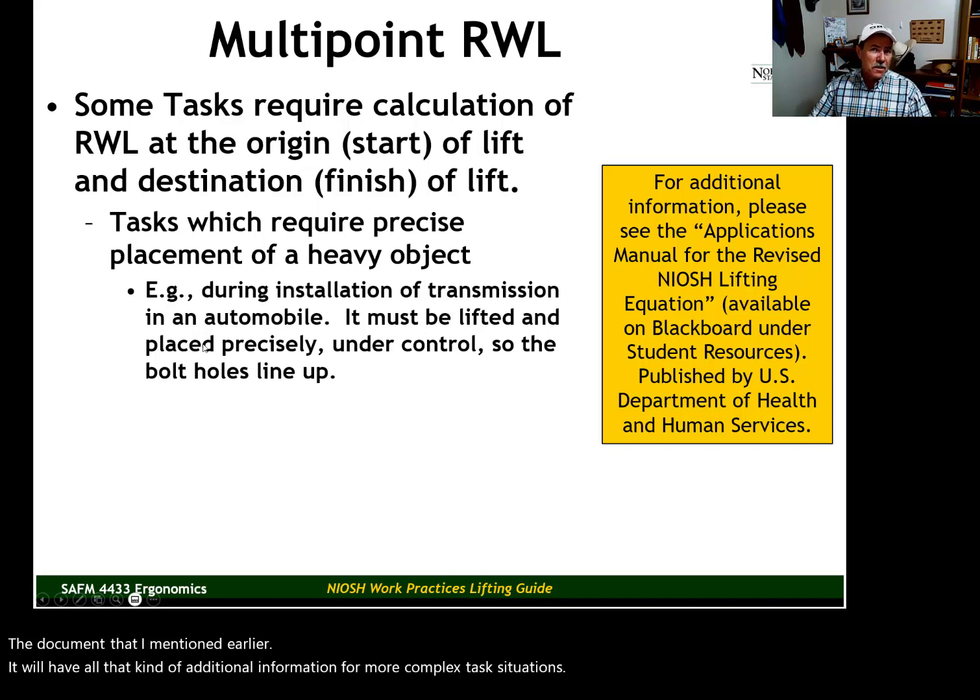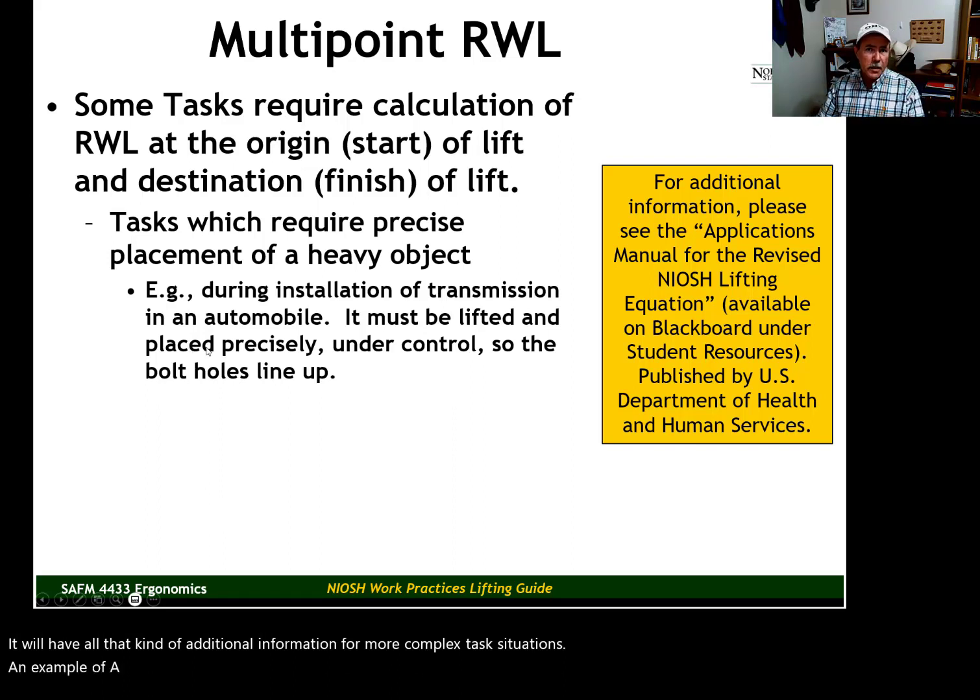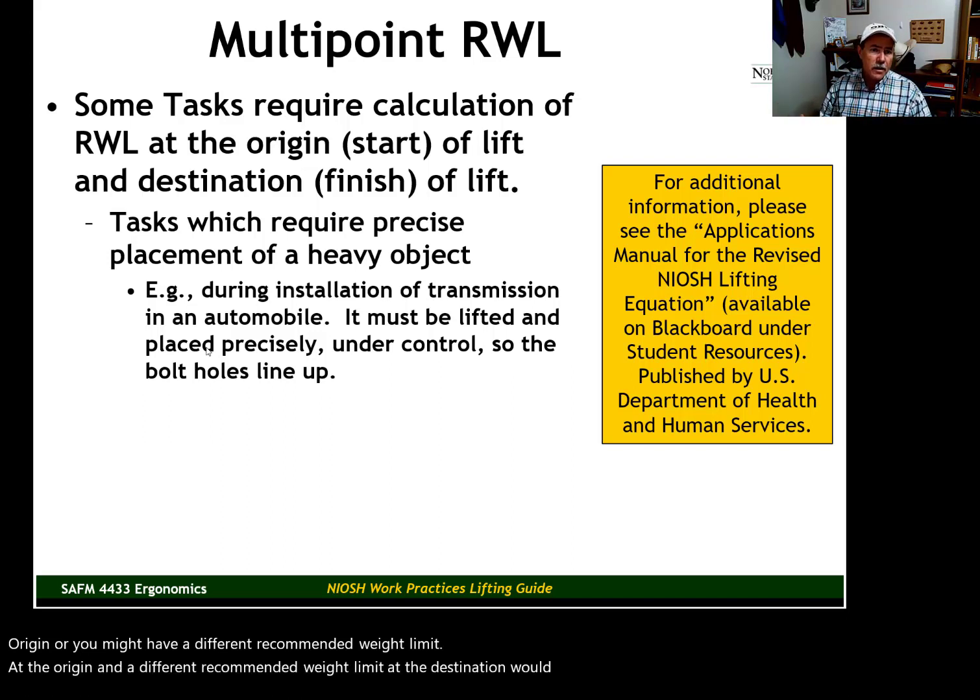An example of a situation where you would want to calculate the lift at the origin, where you might have a different recommended weight limit at the origin and a different recommended weight limit at the destination, would be during the installation of a transmission in an automobile.